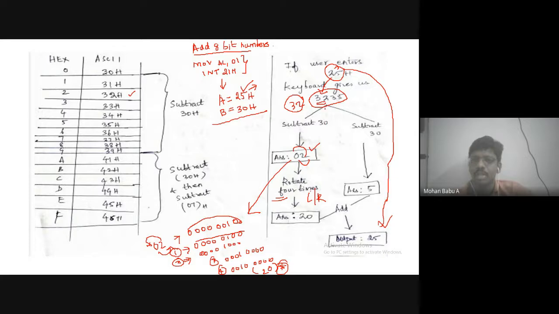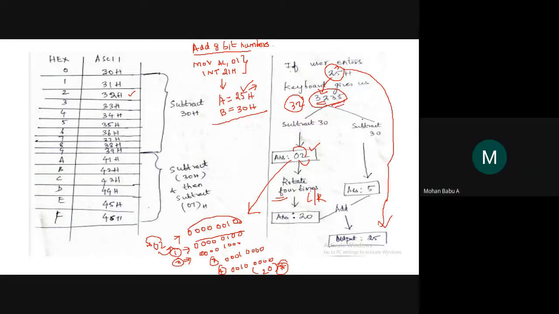Then the second step is take the lower byte 35 and subtract 30 from it. 35 minus 30, you will get output as 5. Then add the output result of the higher byte with the output result of the lower byte.